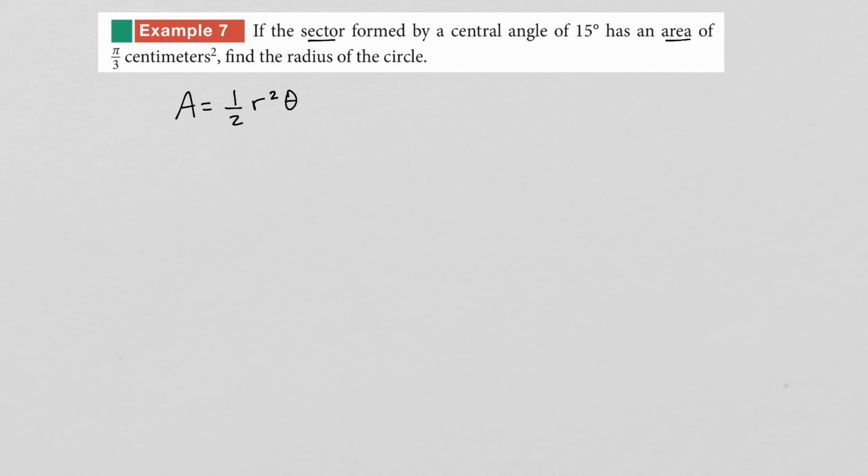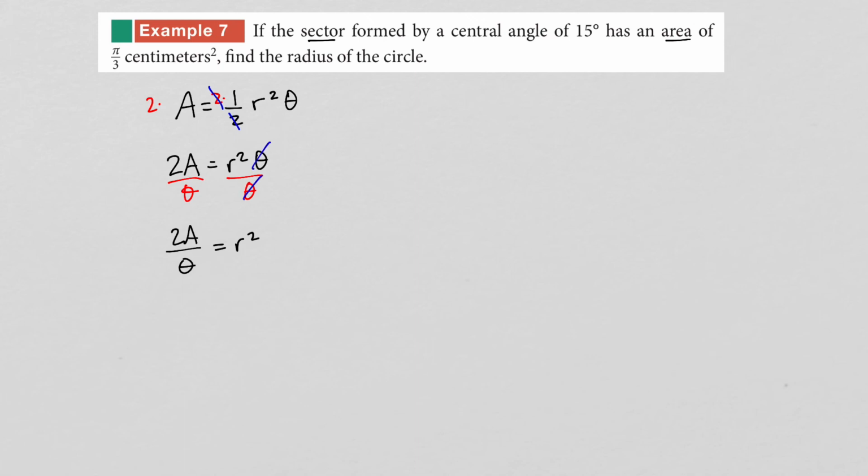So to do this, I can simply multiply both sides of the equation by 2. Doing this will cancel the 2's here, and we get 2A is equal to r squared theta. And then I can divide both sides by theta. And doing this gives us 2A over theta is equal to r squared, as these cancel out.